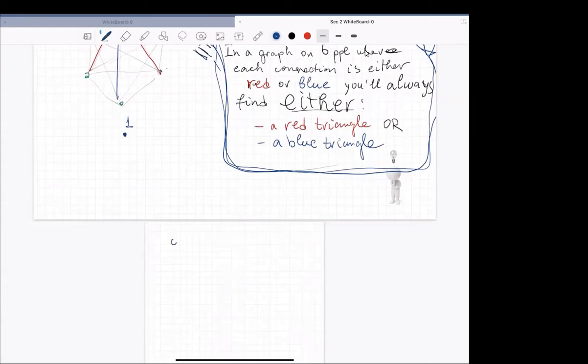So observation 1, bullet point 1: of the 5 people connected to this guy 1, can we call him Bob or something? Bob instead of 1. The other 5 people are these guys.